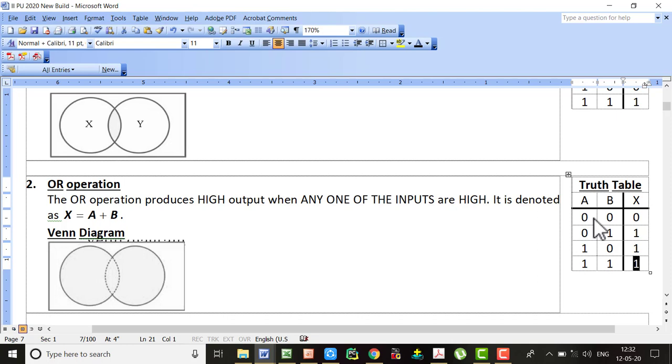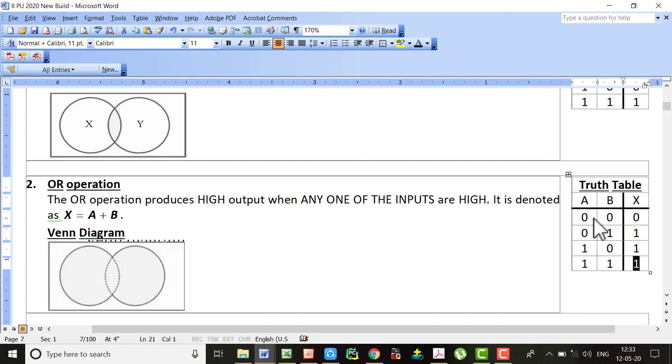Remember last year we had a discussion in binary addition where 1 plus 1 was equal to 0 with 1 carry. You must be remembering this, correct? So 1 plus 1 was equal to 0 with 1 carry in binary addition, whereas this is not binary addition, instead this is Boolean addition.